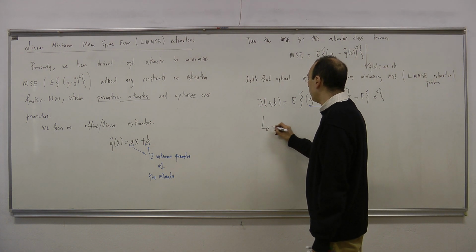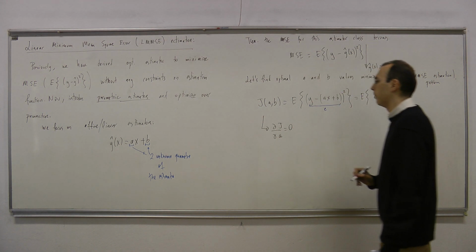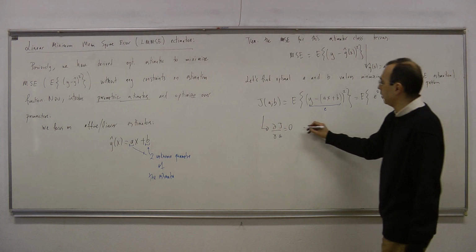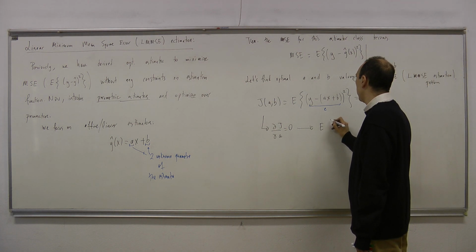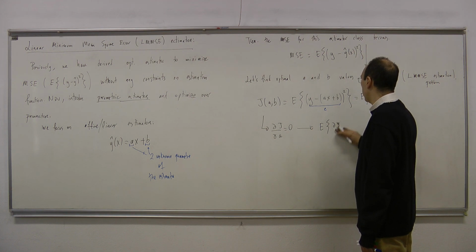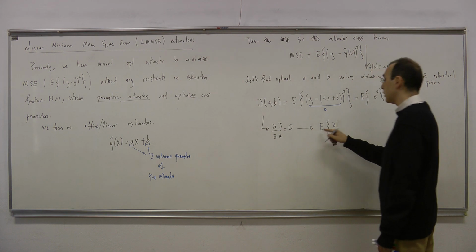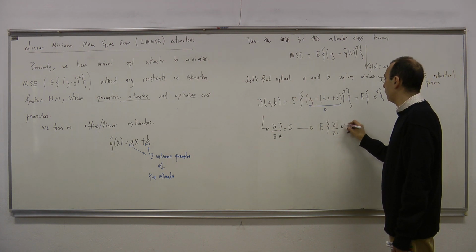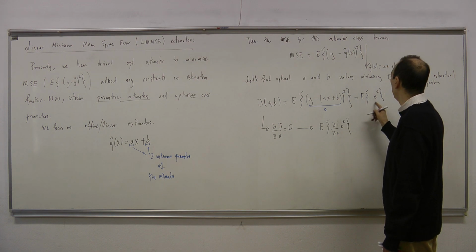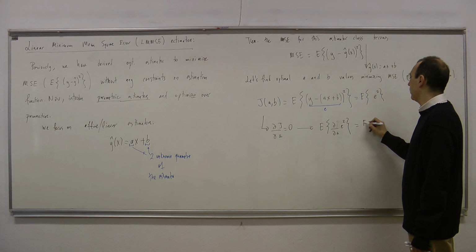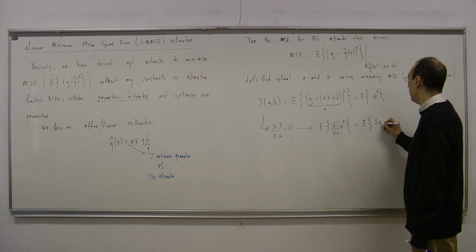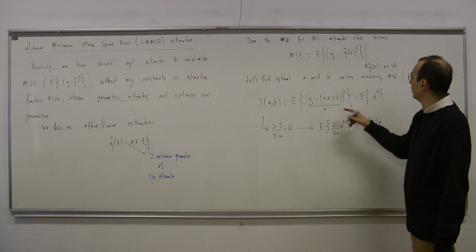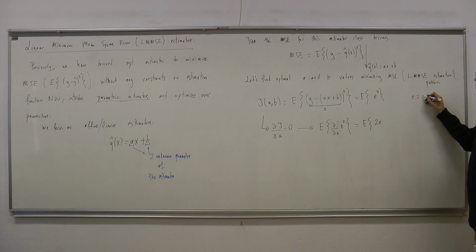Now step number 1: take the partial derivative of J with respect to a and equate to 0. So this is the expected value of, taking the differentiation inside, the derivative of e squared, which gives 2e times the derivative of e, where e is y minus ax minus b.